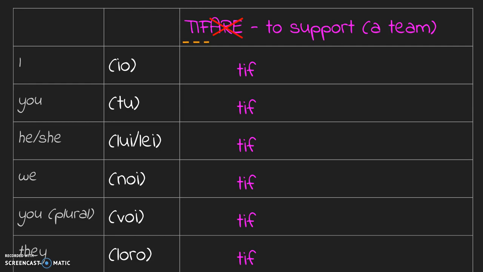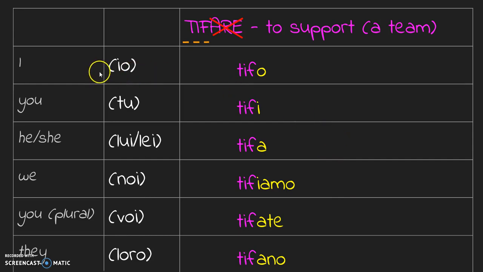Lastly, we need to add the endings to complete the verb. So for are verbs, the endings are o, i, a, iamo, ate, ano. So we now have a conjugated verb, a verb that has been changed to suit the different subject pronouns.